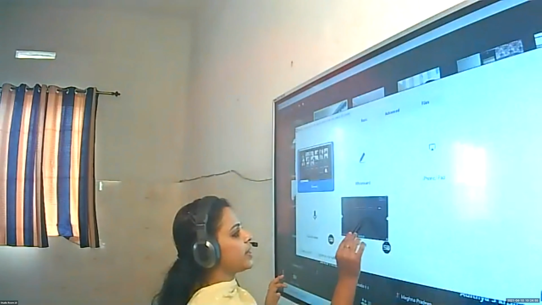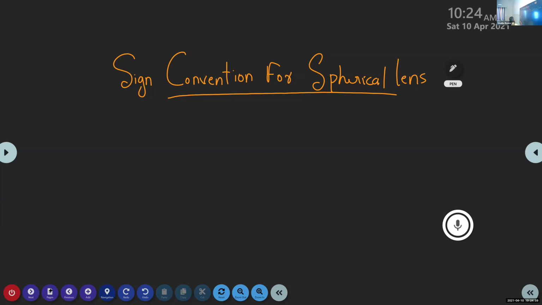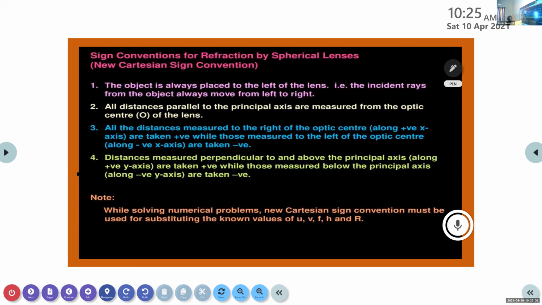So here also we have the sign convention for spherical lenses. In this case, instead of a mirror, we have a lens, and all the rules are the same. The object is always placed on the left side of the lens. Instead of mirror, we can write the object is always placed to the left side of the lens. Only this much changes.